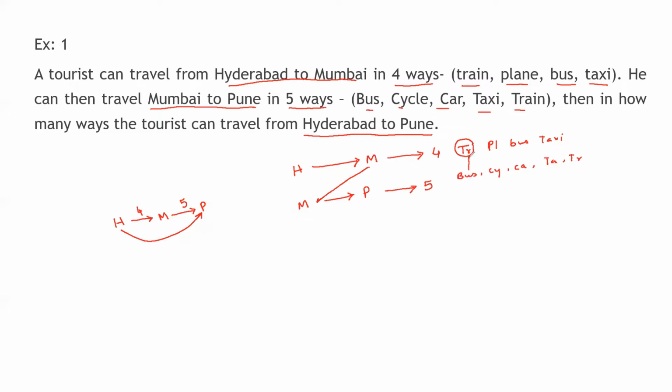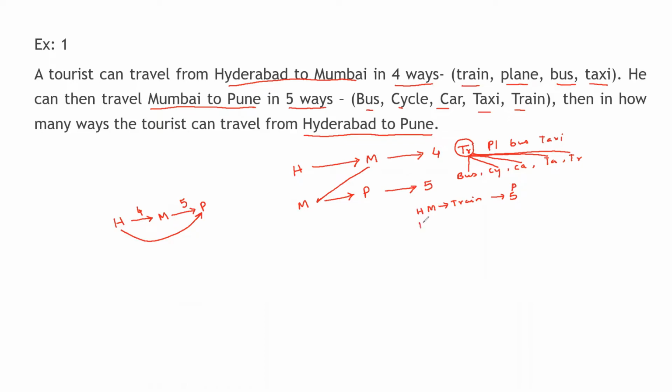I can use bus, I can use a cycle, I can use car, I can use taxi, or else I can use train. Means if Hyderabad to Mumbai I am using a train, then I have got 5 options to reach Pune.